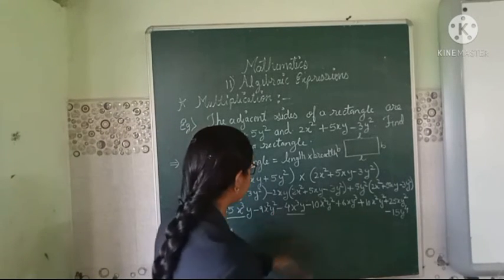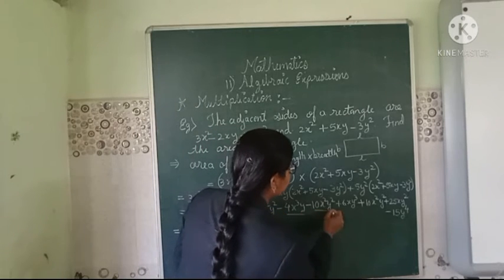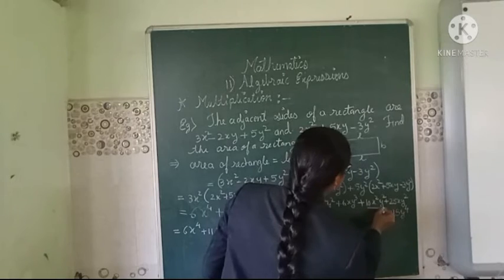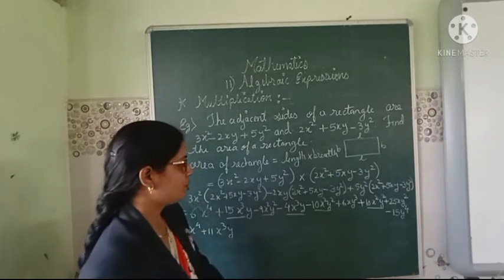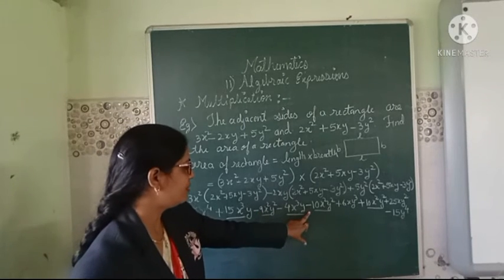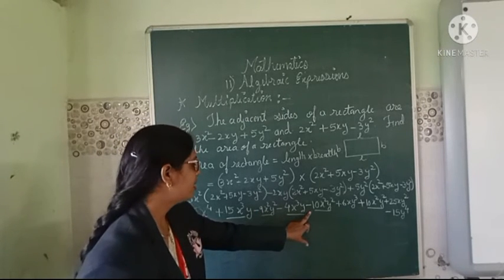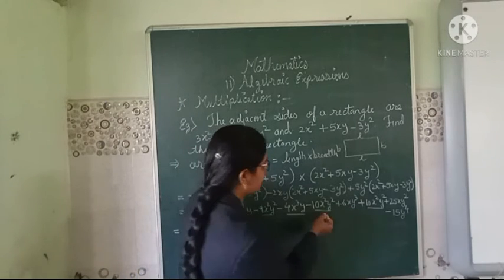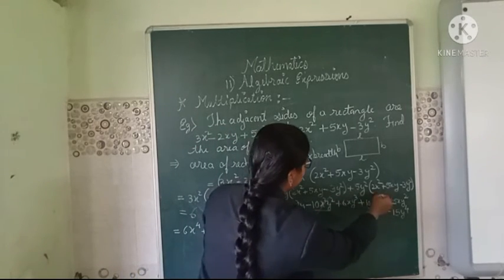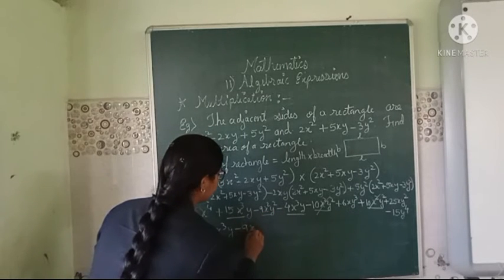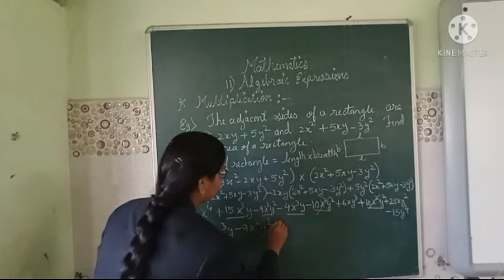So this will be there, this will be there, and this will be there. Okay, so it will be minus 9 minus 10, it will be negative 19, and 10. This we can cancel directly. So we will get only minus 9x square y square.